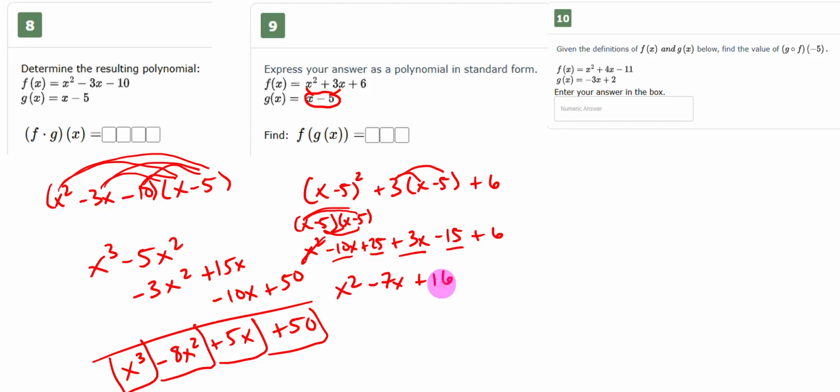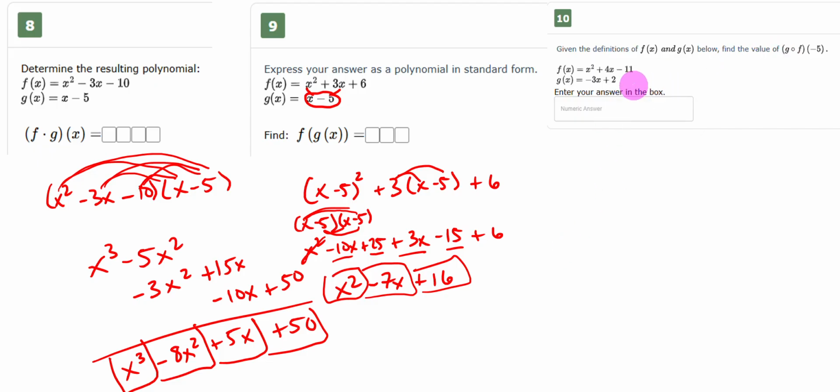Did I mess this one up? X minus 5 squared is x squared minus 10x plus 25. And then 3 times x minus 5 is 3x minus 15. Okay, so that should be it. So there's the first box, second box, third box.